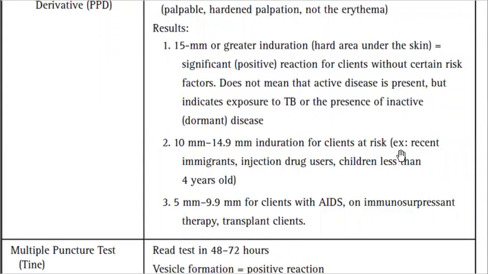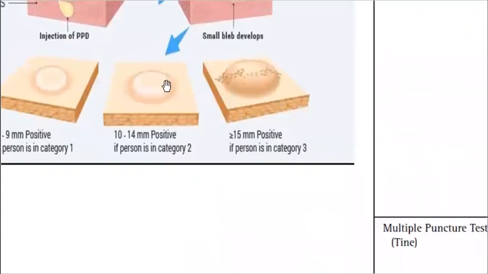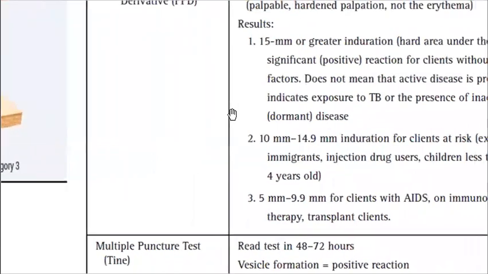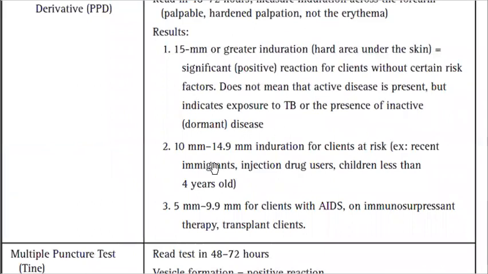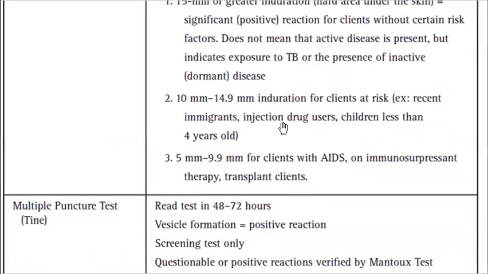So what kind of clients are we talking about? For example, recent immigrants, injection drug users, or children that are less than 4 years old. So again, if we have an induration between 10 and 14 millimeters, it is positive if the patient is in category 2. Those category 2 patients would include recent immigrants, injection drug users, and children less than 4 years old.